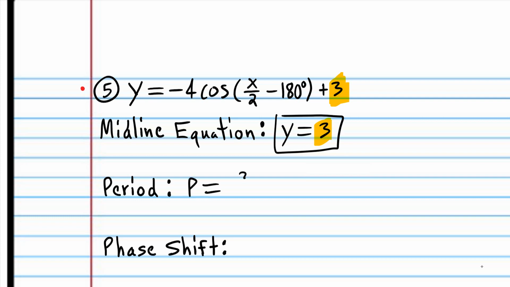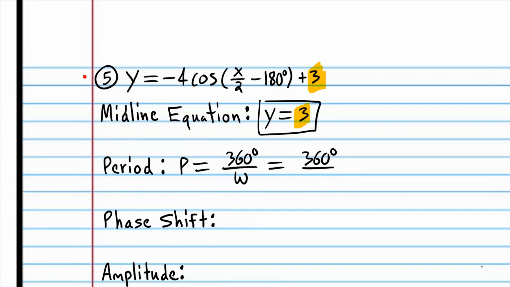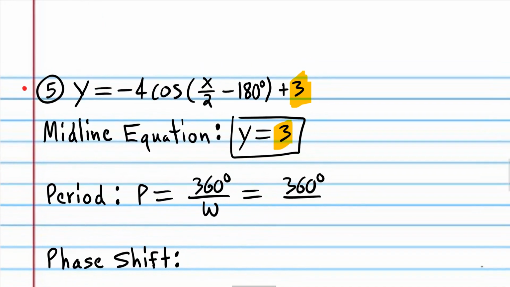The period is the normal period divided by omega, and omega in this case is going to be a fraction. Now you see this green x over 2. You can write that as 1/2 x. It's still the coefficient. So we're going to take that green coefficient and we're going to throw it down here.